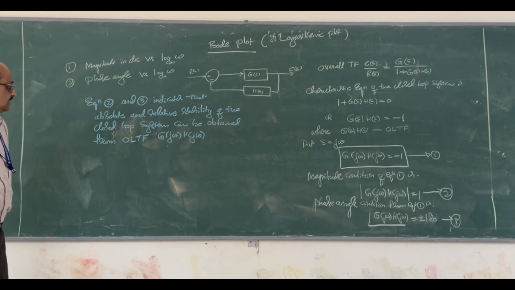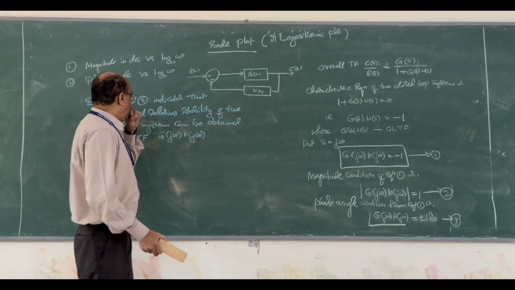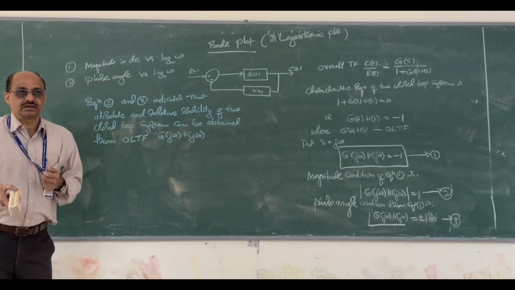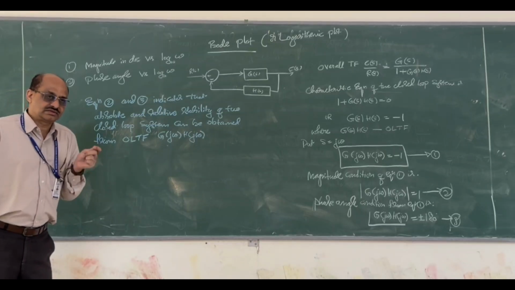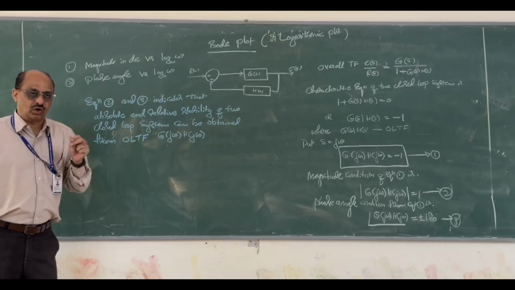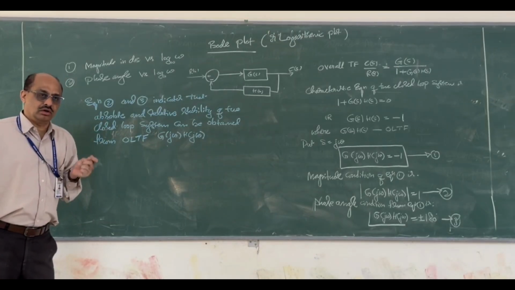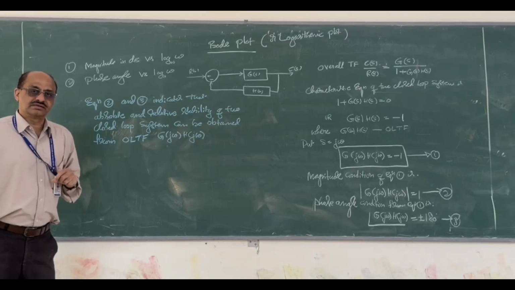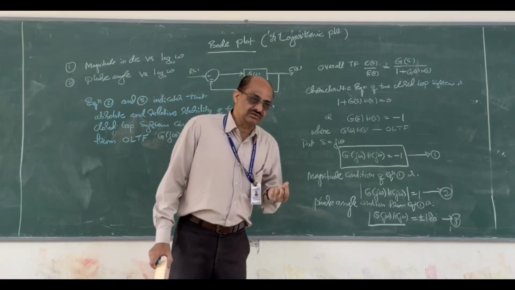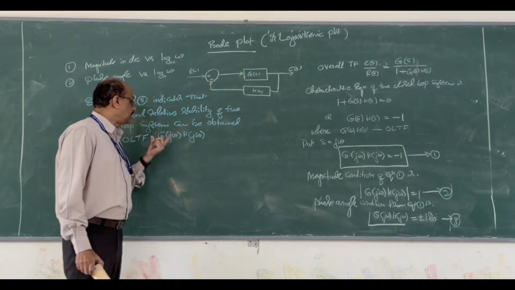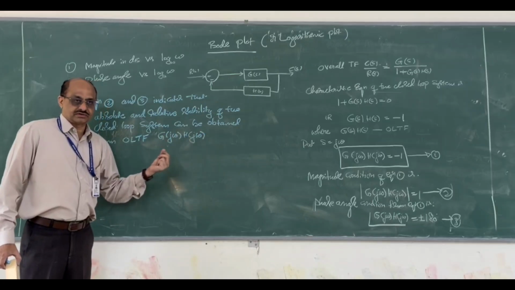It is very clear that absolute stability says whether the given system is stable or not, while relative stability says how far it is stable. Both can be obtained from the open loop transfer function.